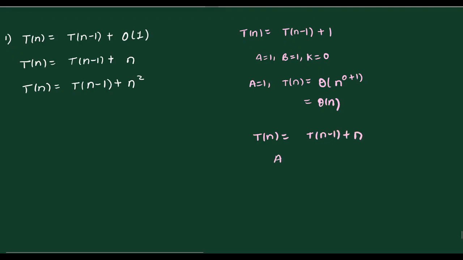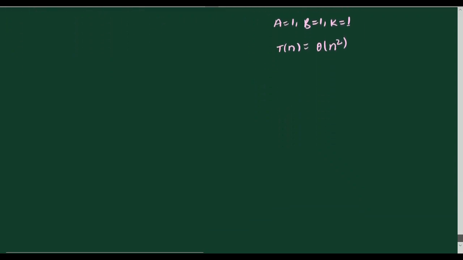So here again a is 1, b is 1, k is 1, right? And again the b part applies and T of n becomes theta of n power k plus 1, which is 1 plus 1, 2. And this is what we got in the substitution method, right? The third part I will leave as homework and you can try it on your own, right? So this is how Master's theorem makes it very easy to solve particular problems.